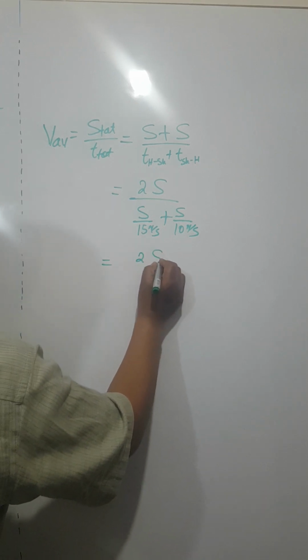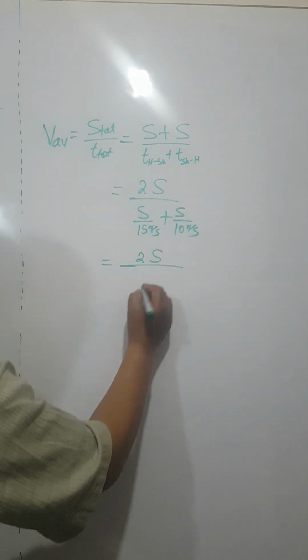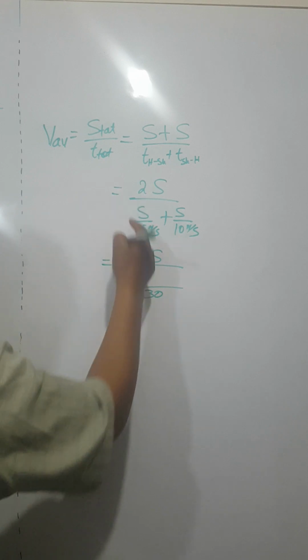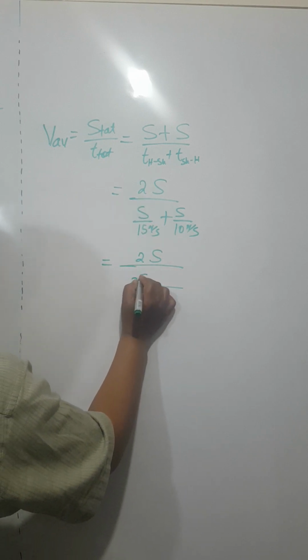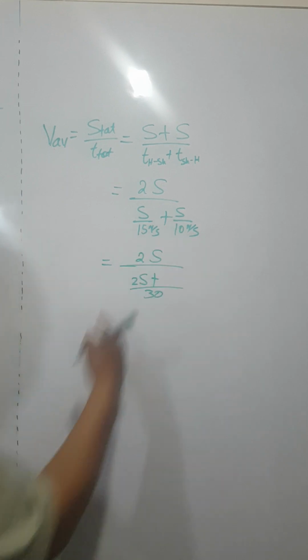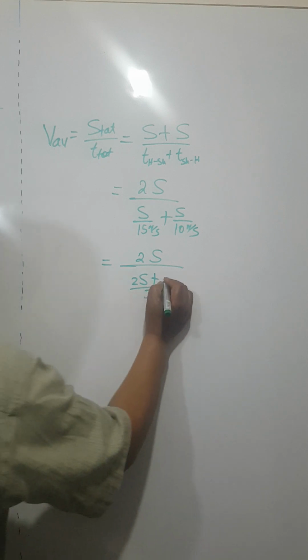Now this is equal to 2 times S divided by, now the LCM of the two is 30. 30 divided by 15 is 2, so 2 times S is 2S, plus 30 divided by 10 is 3, so 3 times S is 3S.